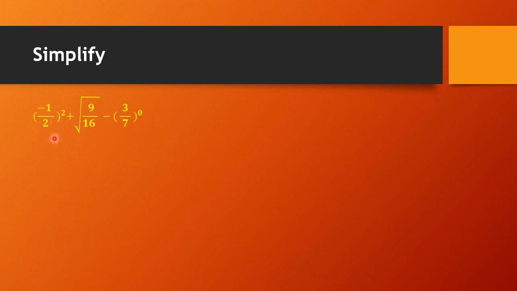Negative 1 over 2 power 2 plus square root of 9 over 16 minus (3 over 7) power 0.